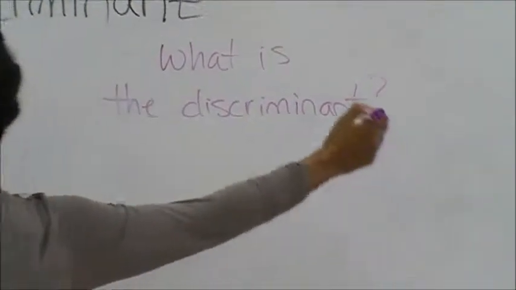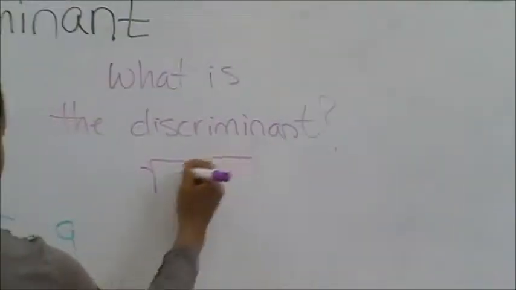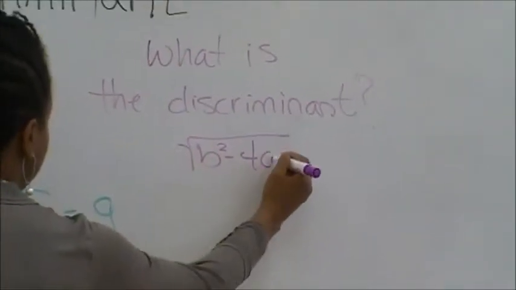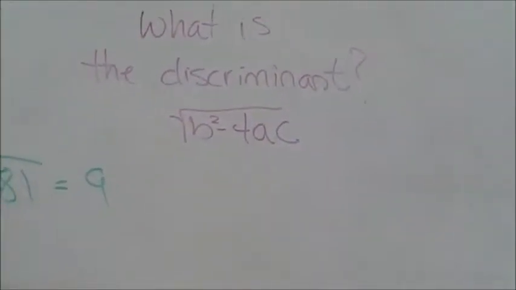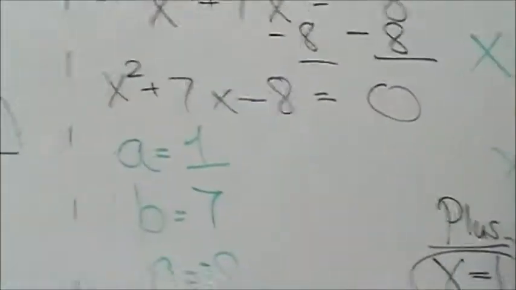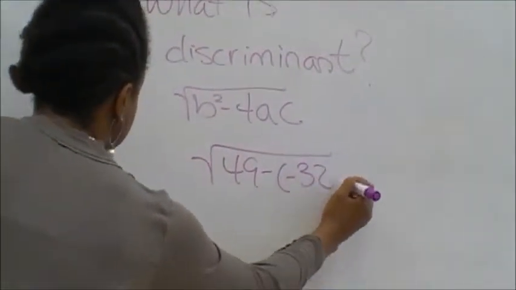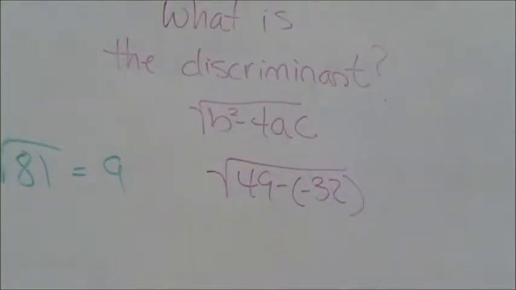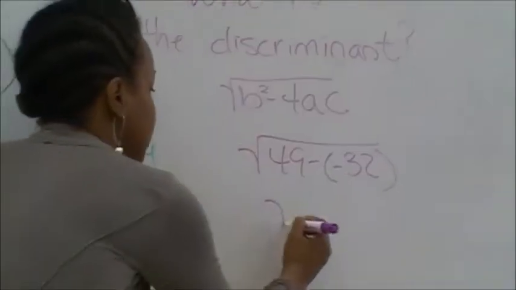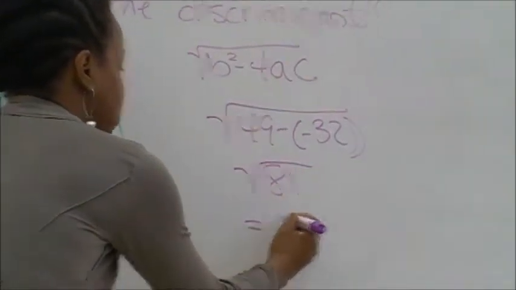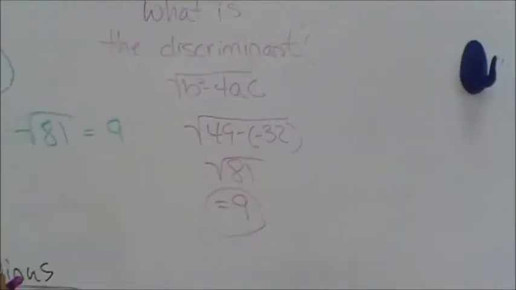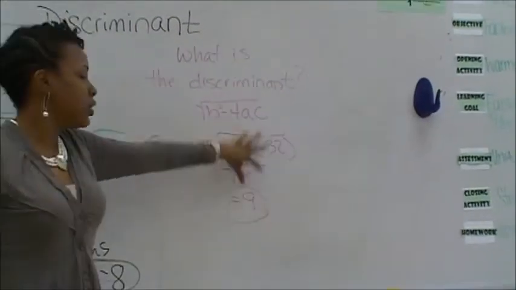All you need to do is the square root of b squared minus 4ac. So you would find A, B, and C, plug in those numbers, just like we did right here, and you would get the square root of 49 minus negative 32. Then you would solve that, and you get the square root of 81, and that equals 9, and that would be your answer. I don't want to know the answer to the whole equation, the solution. All I want to know is the discriminant.